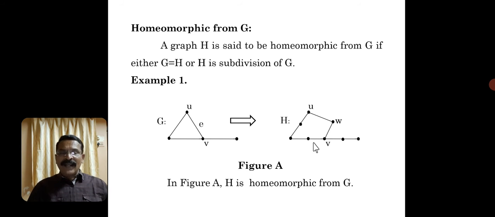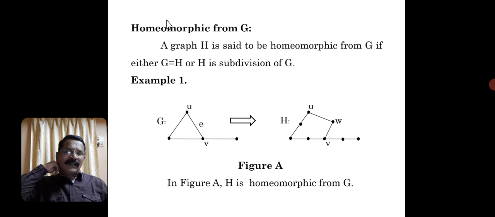A graph H is said to be homeomorphic from the graph G if either both are isomorphic or H is a subdivision of G. For example, a cycle is isomorphic to itself.